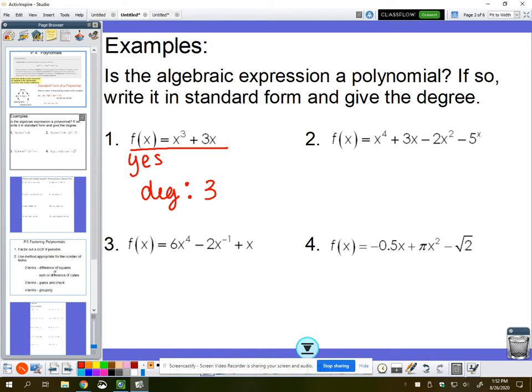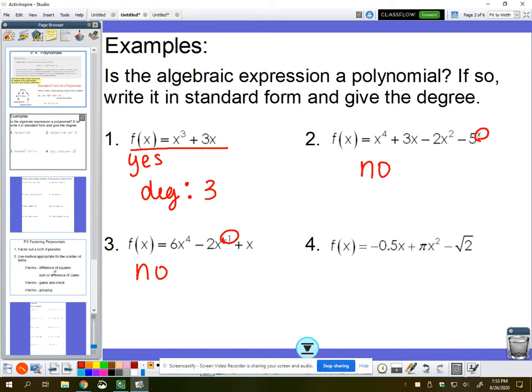All right, number two, because you have a variable exponent, that is not a polynomial. So you say no and move on. Number three, you have a negative exponent. So that is not a polynomial. Number four, your exponents are all nice, pretty whole numbers. You got a 1 and a 2. Your coefficients are all real numbers.